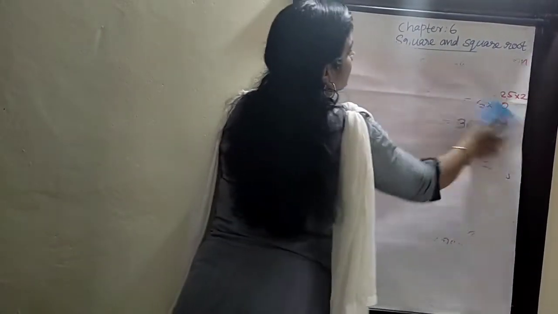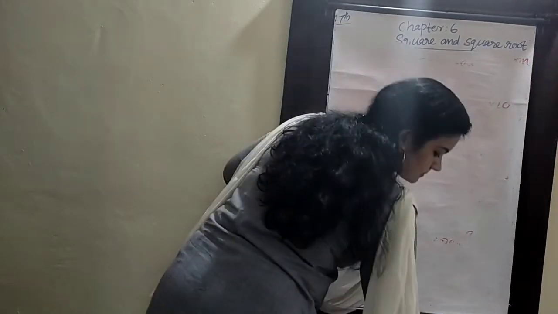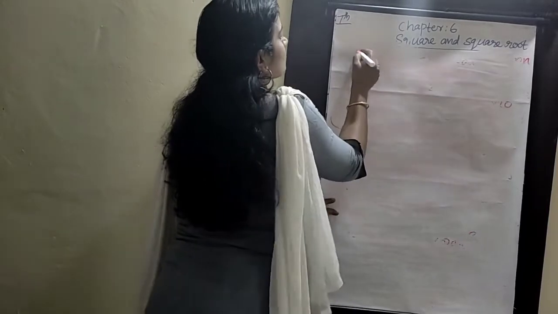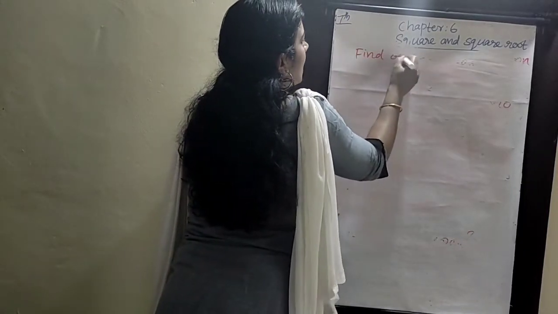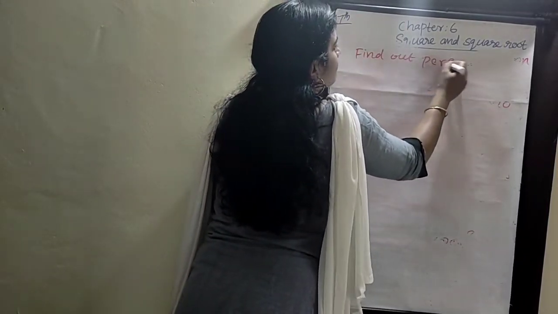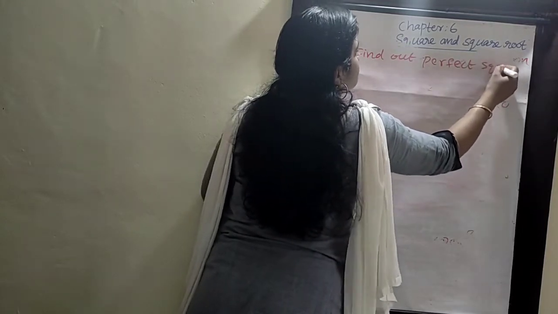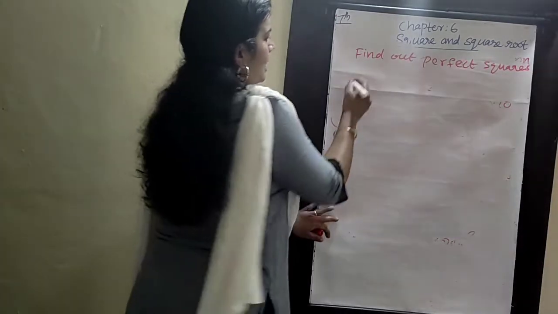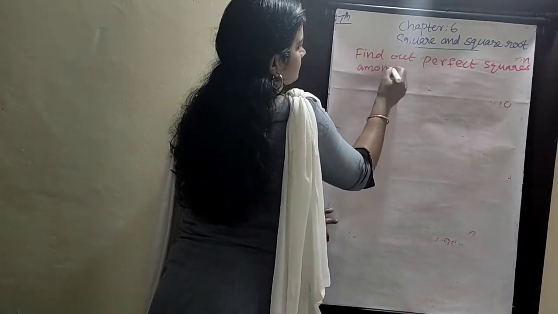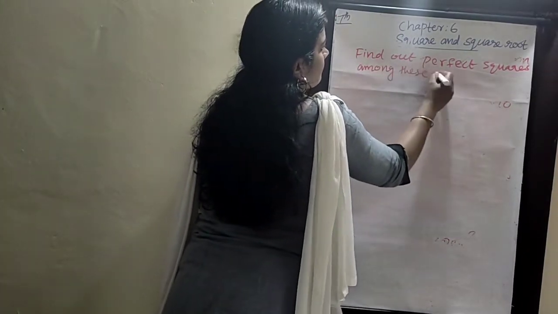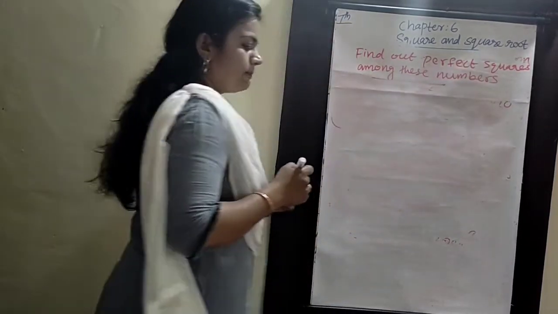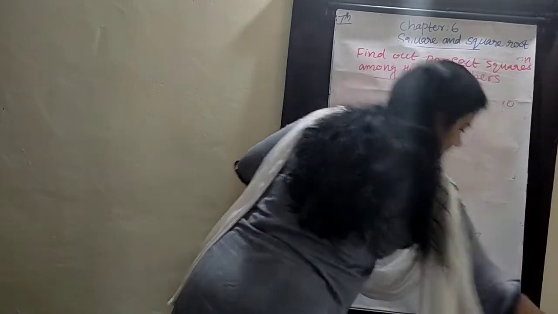Next we have to find the perfect squares. Find out the perfect squares among these numbers.